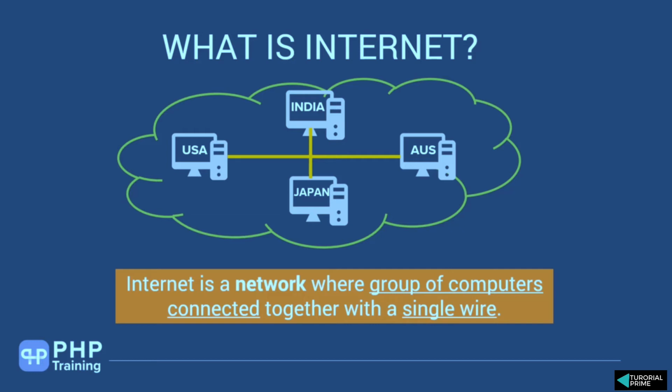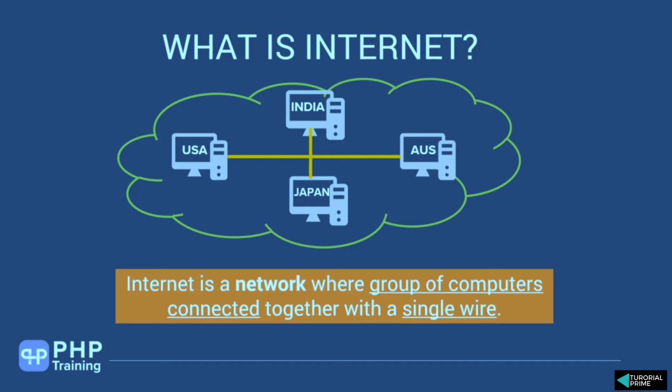Remember, it is a network where a group of computers are connected together with a single wire. All these computers in the internet are connected with one wire, irrespective of where they stay. If you are connected to the internet, you are actually saying we are all connected via a single wire. And why do you have to connect via a single wire? So that you can find each other.